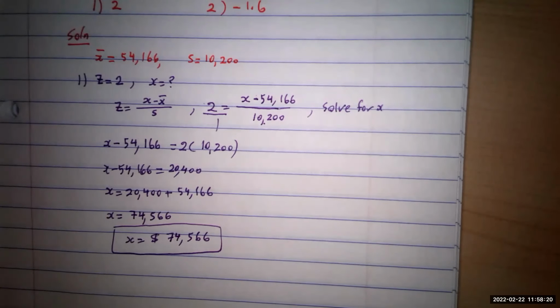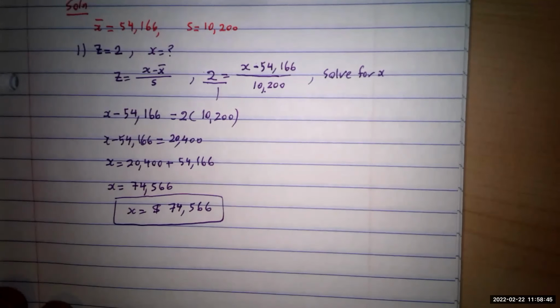A z number was given to you, and you recover the actual number, which is the x value. Any question? So be prepared for it. We know it must be a good one because z was equal to 2, so the salary is 2 standard deviations above the center.